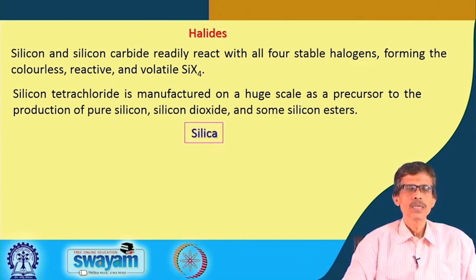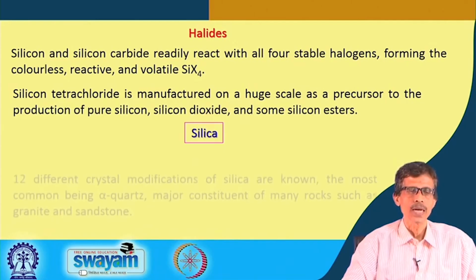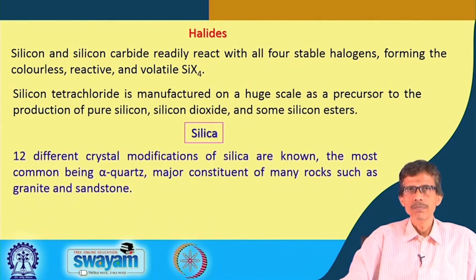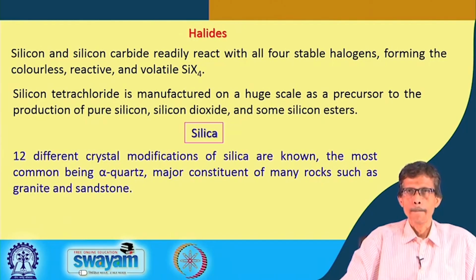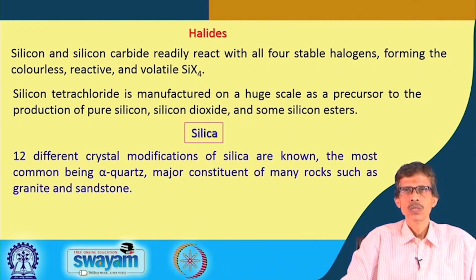Then possibly tomorrow, or in the next class, we will consider how we get the higher quality or higher variety of silica, because we can have silica, SiO2. We know glass is silica, quartz is also silica. The number of forms is very high: 12 different crystal modifications of silica are known.